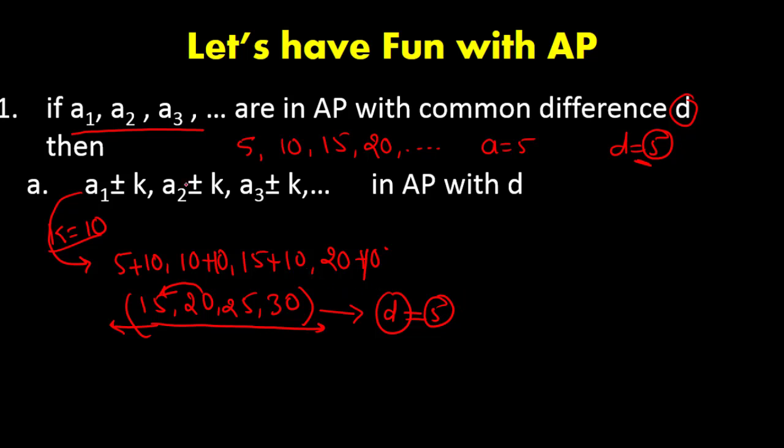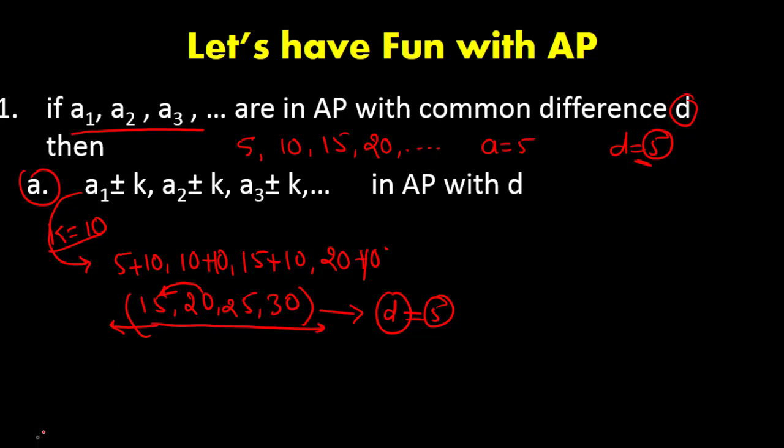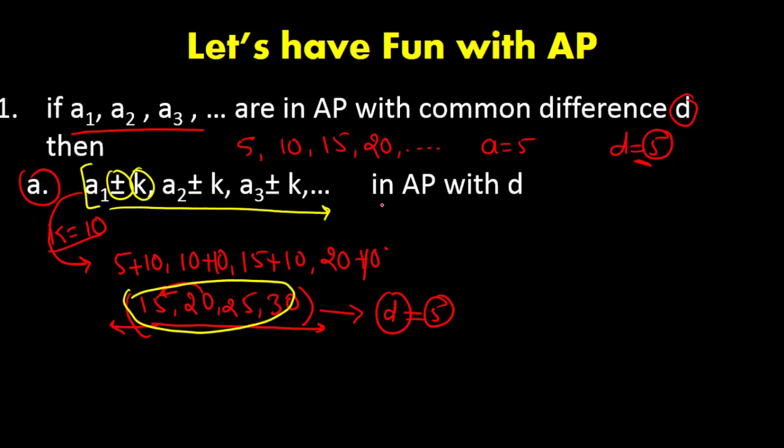This means the first property is saying that whenever you add or subtract any number from a sequence, the new sequence you get still remains in AP with the same common difference.